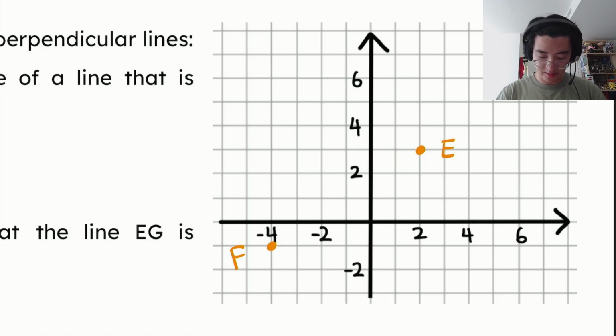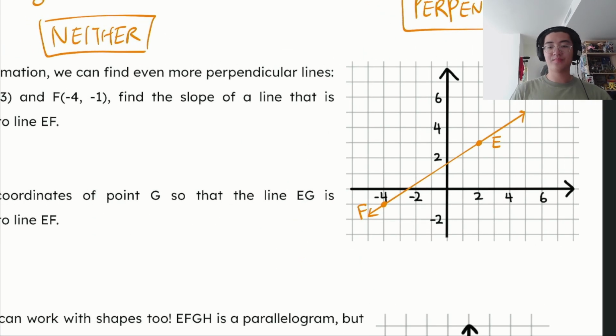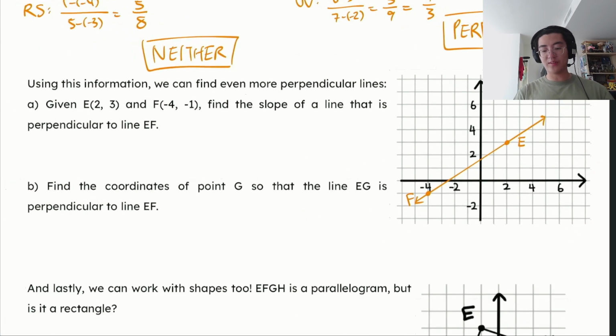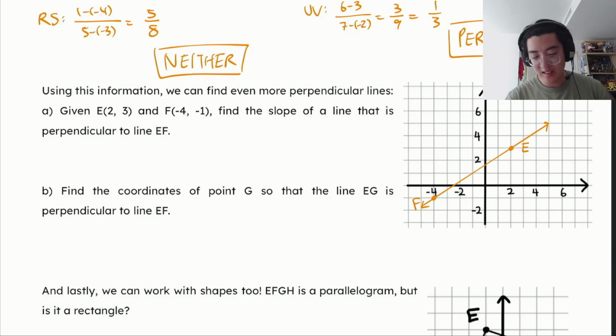So this is the line we're looking at here. That's line EF. What we need is the slope of a line that is perpendicular to it.